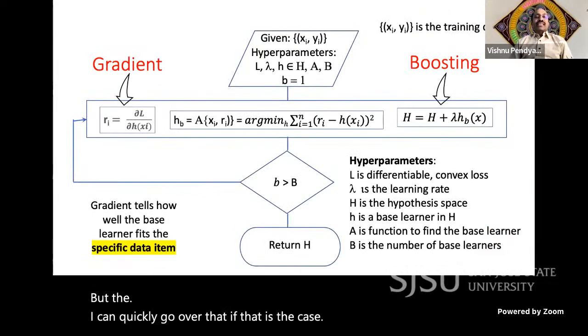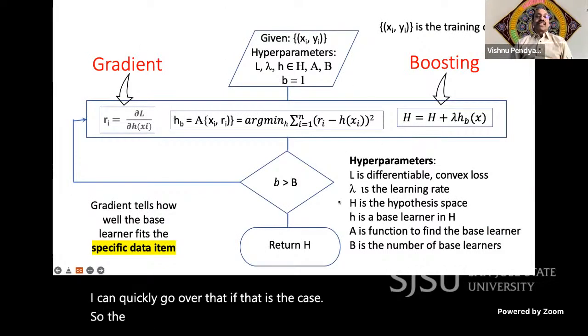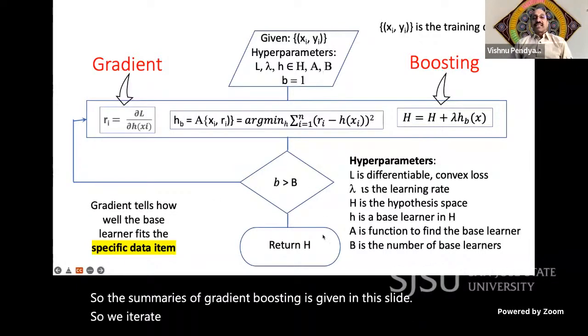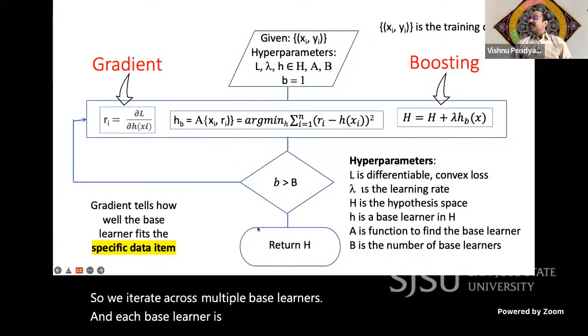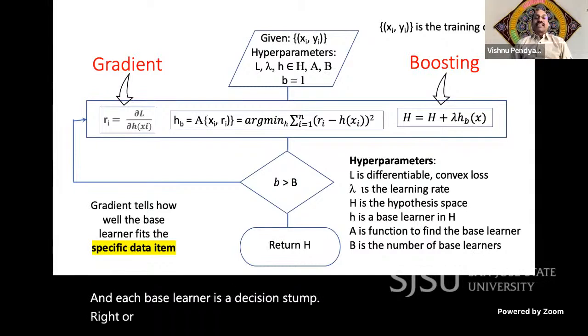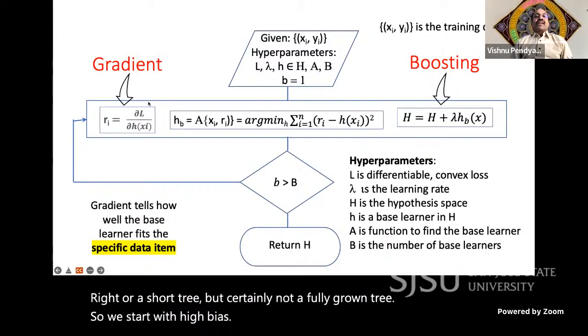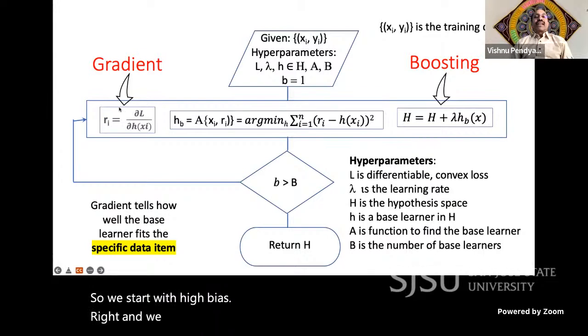So the summary of gradient boosting is given in this slide. We iterate across multiple base learners, and each base learner is a decision stump, or a short tree, but certainly not a fully grown tree. So we start with high bias, and we repeatedly compute the gradient for each base learner.